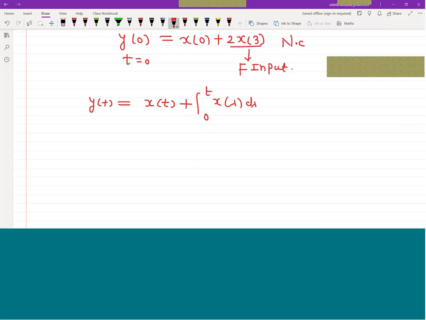So you can say this is y(t) is x(t) plus the integration of x(lambda) which will be z(t) minus z(0). हमको नहीं पता क्या होगा, तो हमने एक फंक्शन बना लिया z.